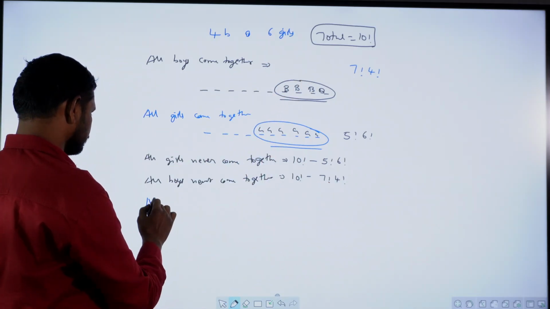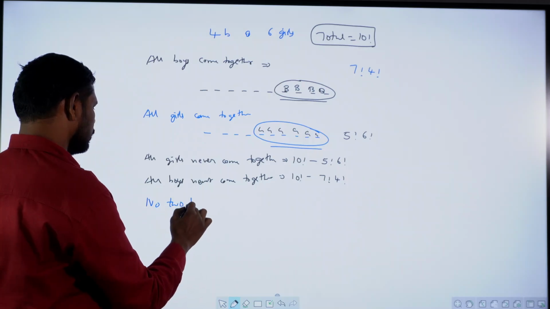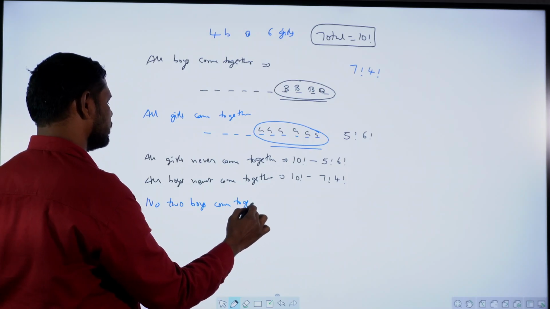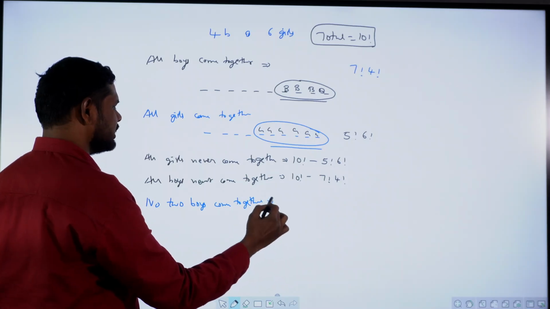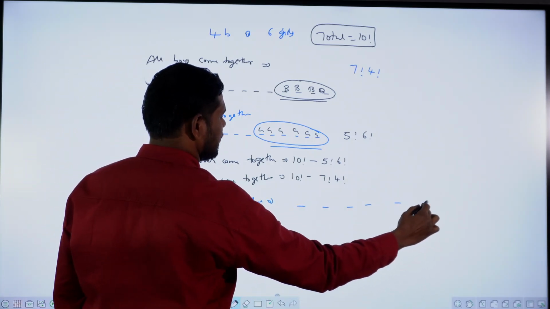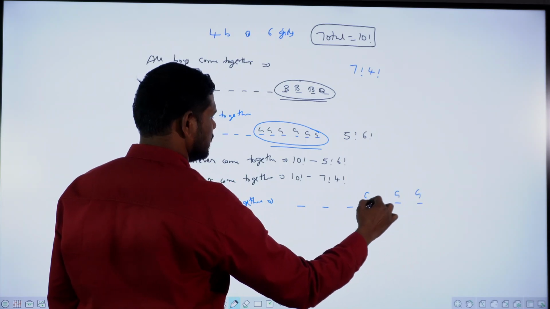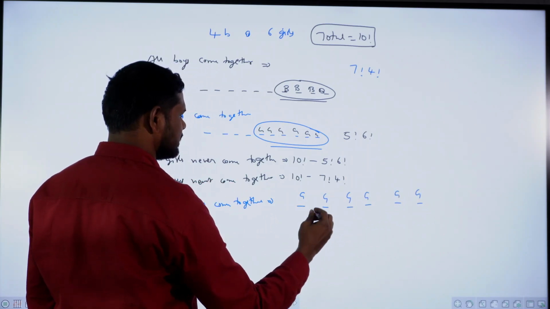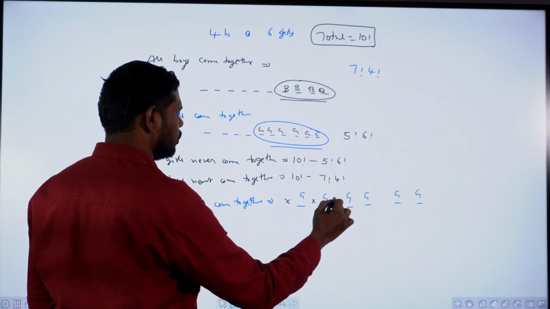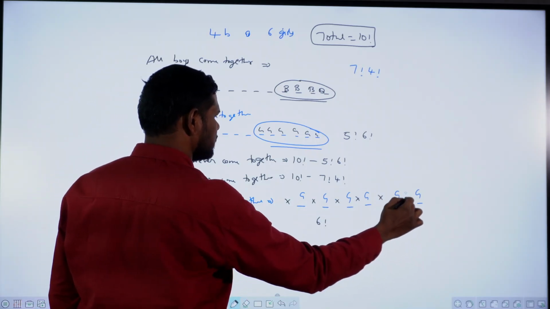Now, no 2 boys come together. Just observe here. It means you need to first arrange the 6 girls. Girls in how many ways? 6 factorial ways. Then gaps are 1, 2, 3, 4, 5, 6, 7.